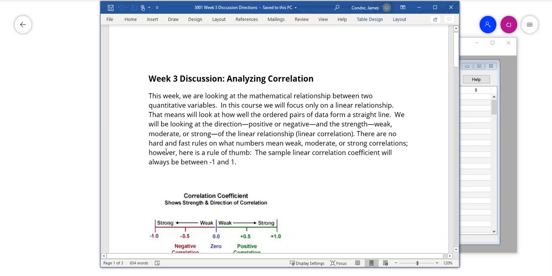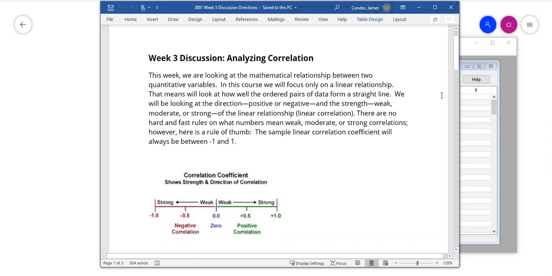So, is the line going up, positive, or is it going down, negative correlation? And then the strength of the correlation, we're either going to say basically it's kind of weak, moderate, or strong. And those are just, there's no hard, fast rules. It's just how people typically talk about the strength.